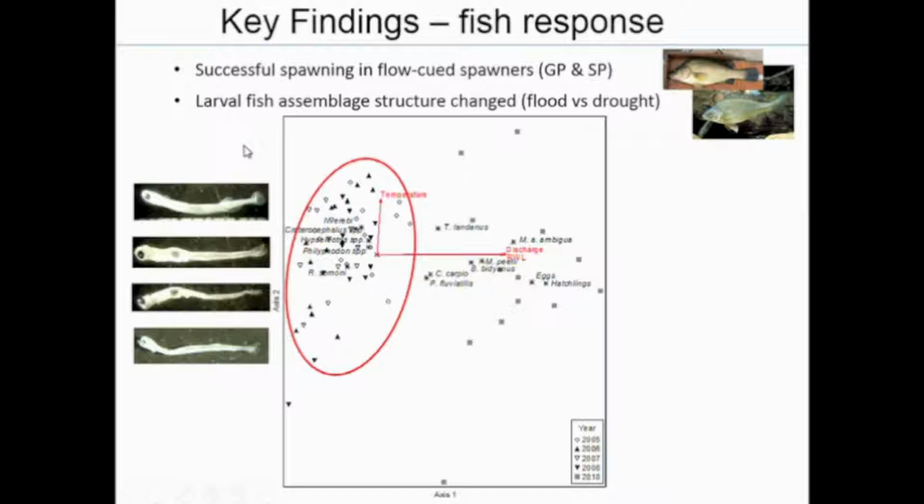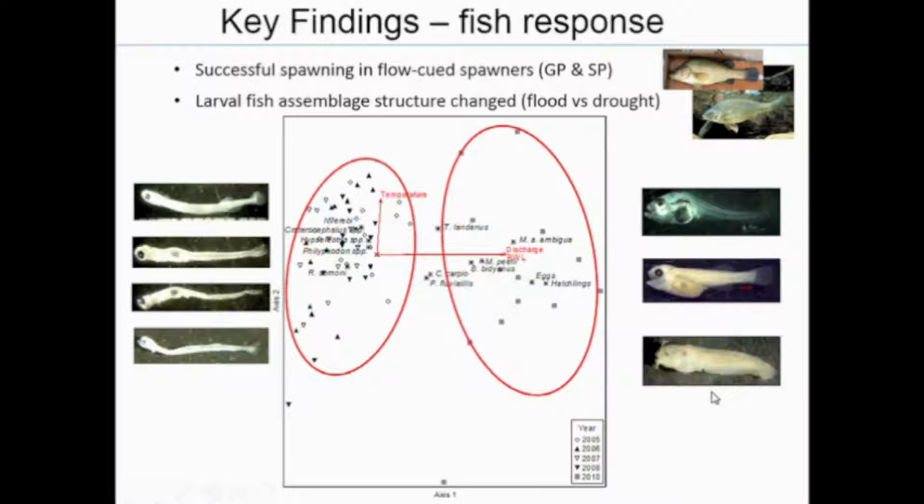During the drought, it was dominated by small-bodied fish species such as smelt, gudgeons, and bony herring. But during the flood, there's an increase in golden perch, silver perch, Murray cod larvae and catfish, which is quite positive because these species are highly valuable and conservationally important.